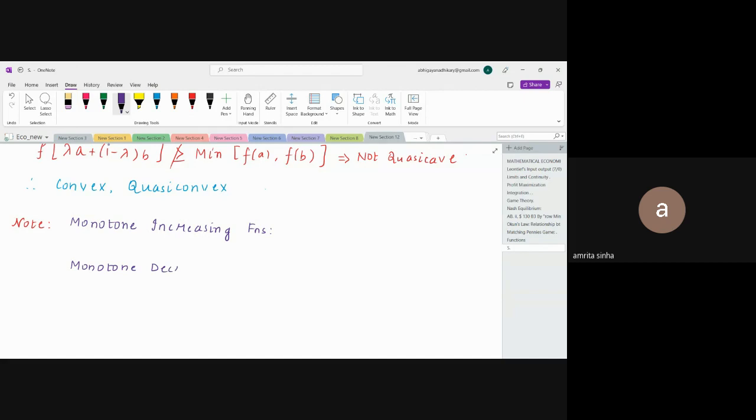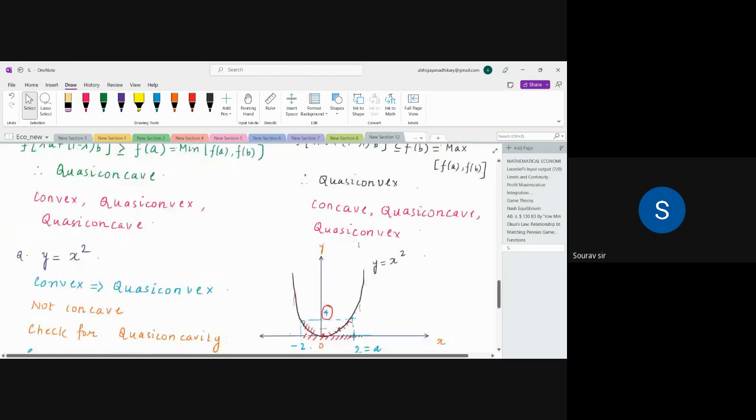No, sir. Monotone increasing function means the derivative at all points is positive. That means the function is always increasing for every point. And monotone decreasing means the function is always decreasing. Check these examples that I just showed you.